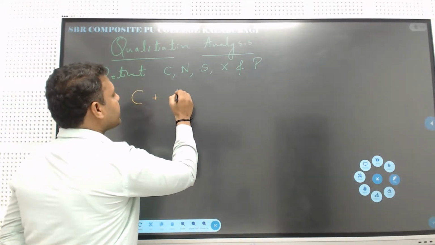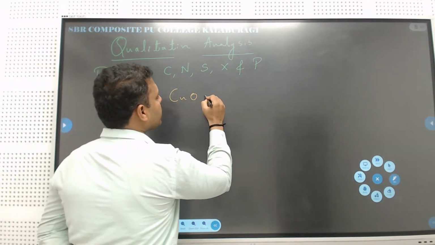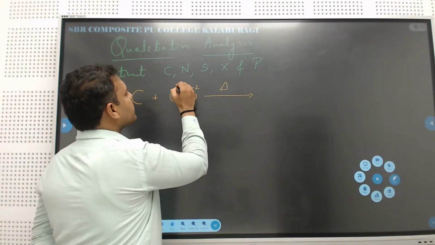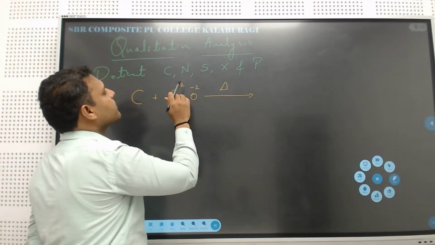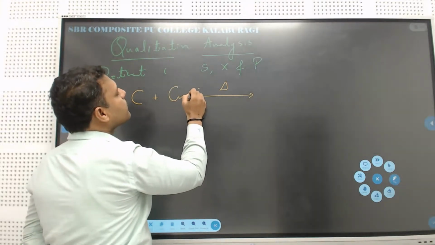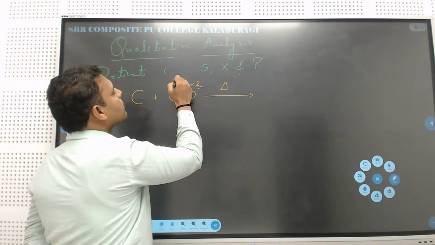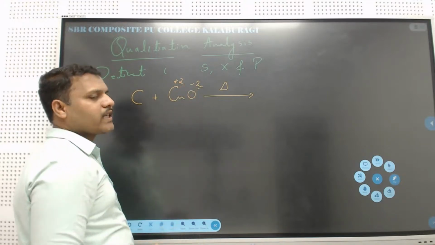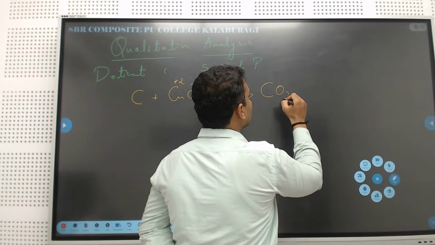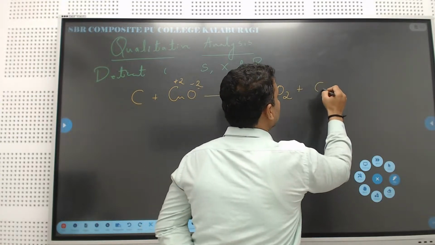and it is heated with cupric oxide. We want to write here the oxidation state, so that we can term it as cupric oxide, where carbon is converted into carbon dioxide.